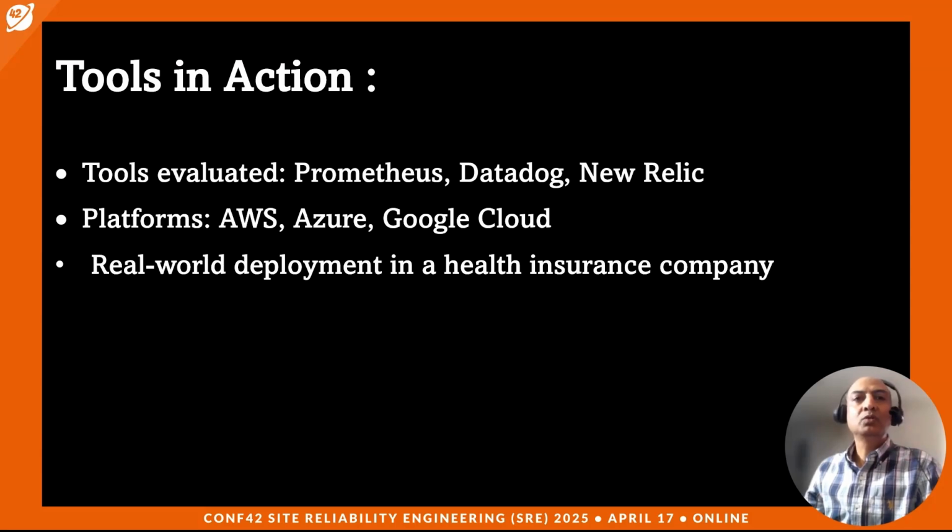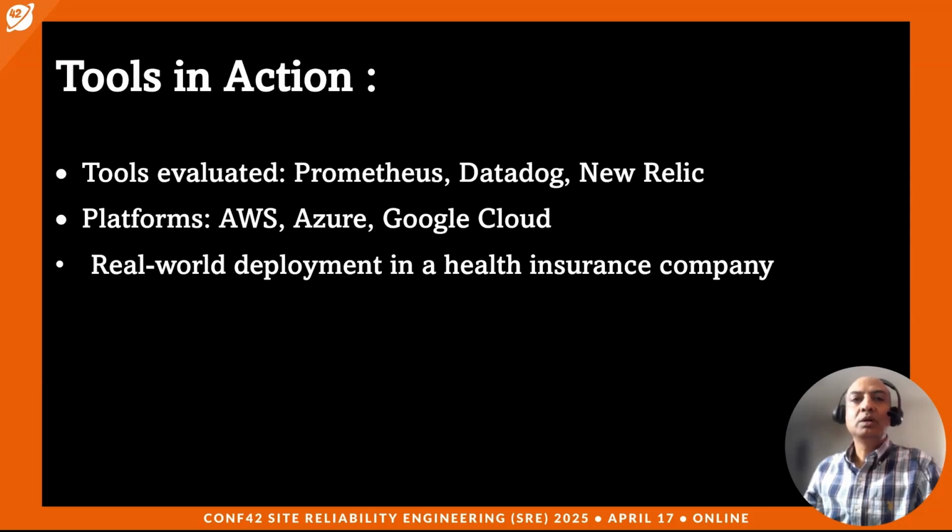These tools were tested across three major cloud platforms, that is AWS, Azure, and Google Cloud. In addition to simulated environments, they were deployed in a real-world health insurance company using Microsoft Azure. This added practical depth, testing how these tools perform under actual workload such as high traffic during claim processing and compliance-driven applications.